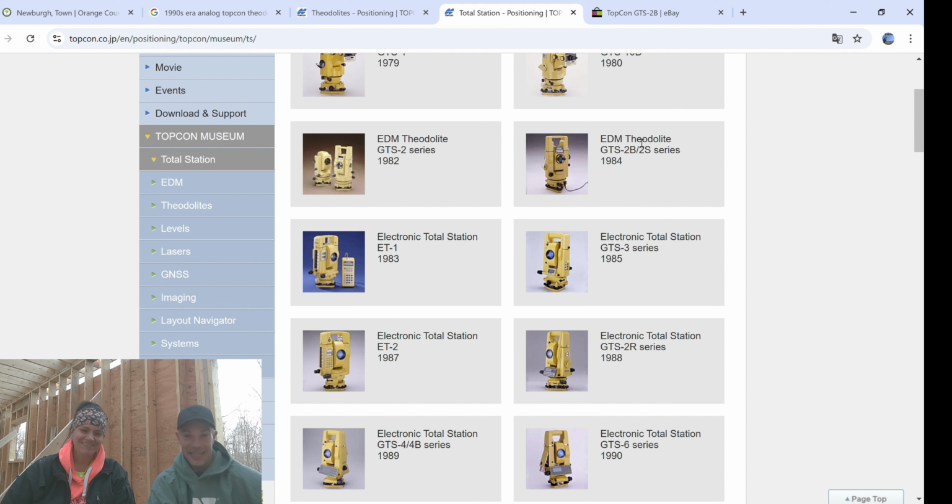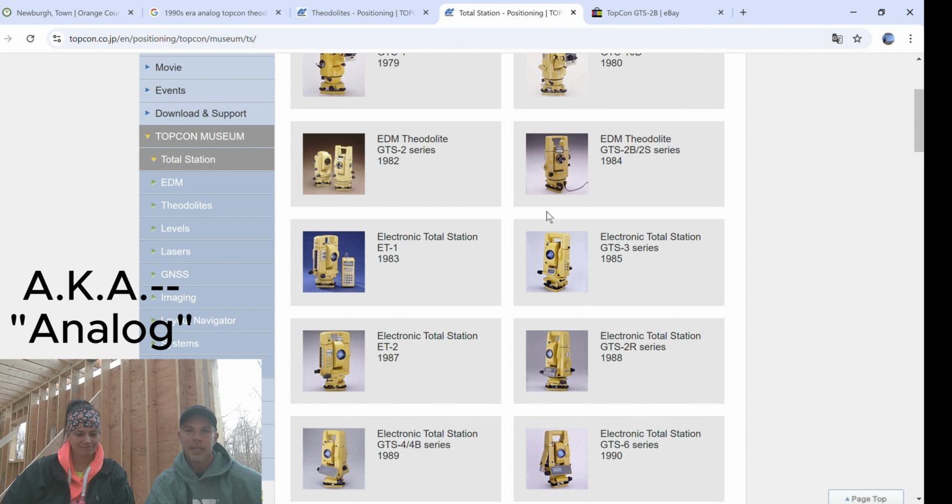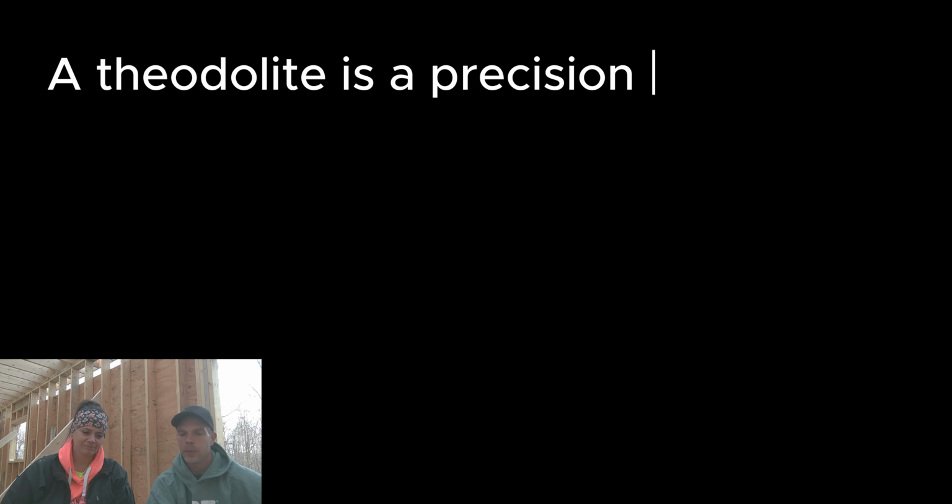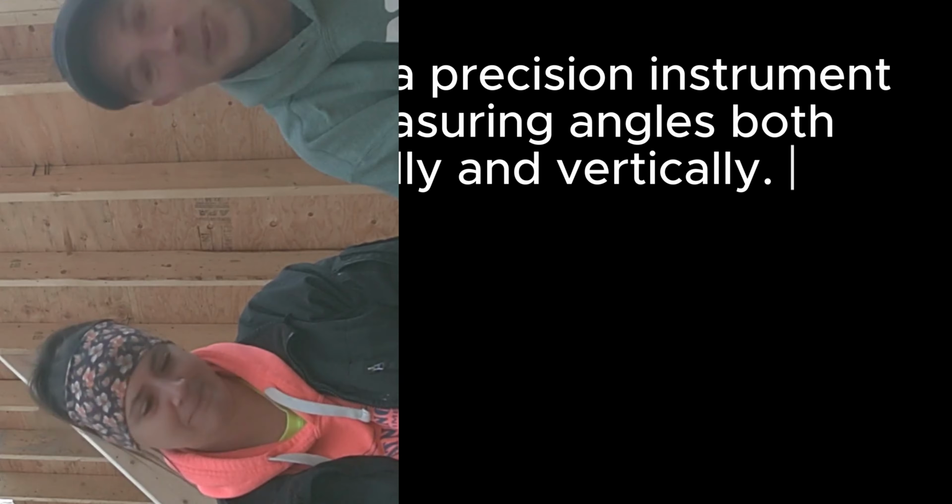In the 1900s, they had non-digital stuff and no GPS. So we used a theodolite, I think is the right word. Museum quality theodolite. Basically the first surveying total station era that ever existed, from the 1980s.